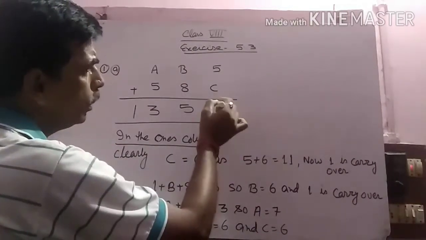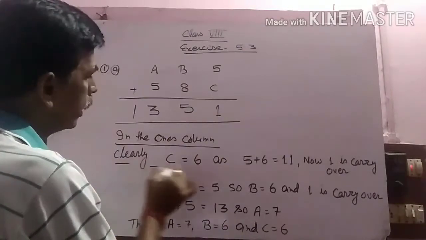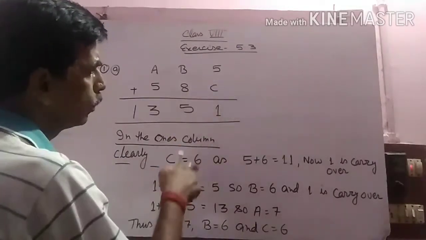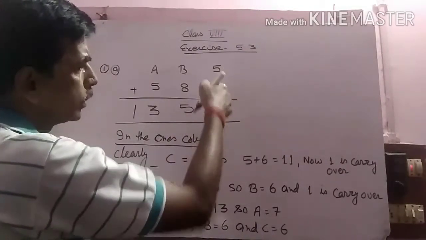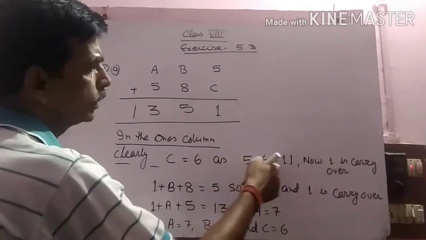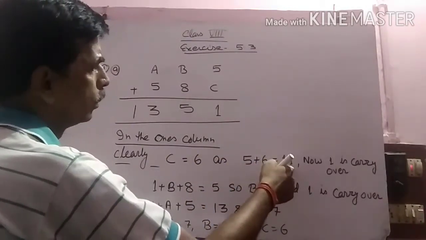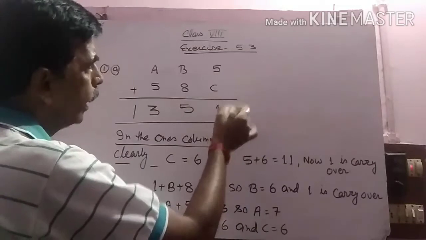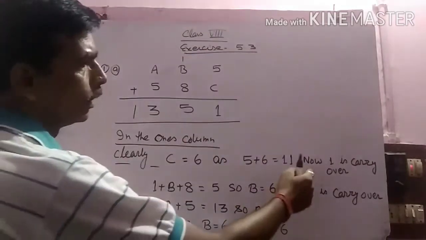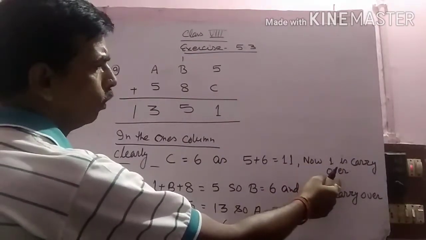That's why it becomes 1. So it is clear that C is equal to 6. 5 plus 6 is equal to 11, so 1 is here and 1 is carried over.